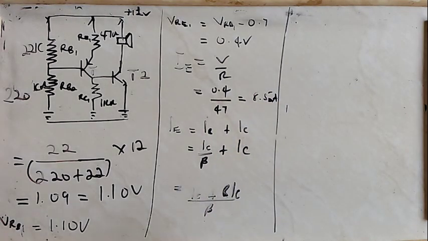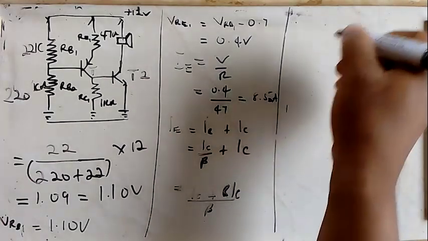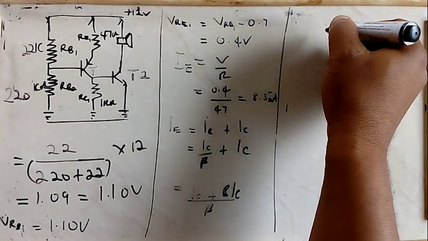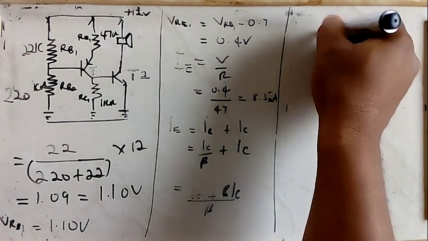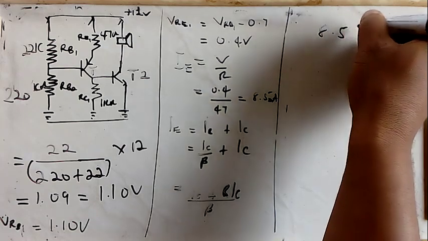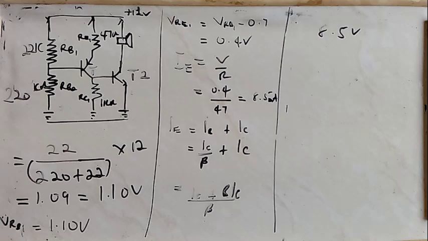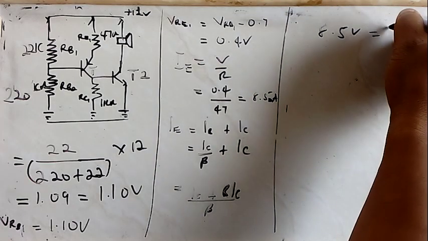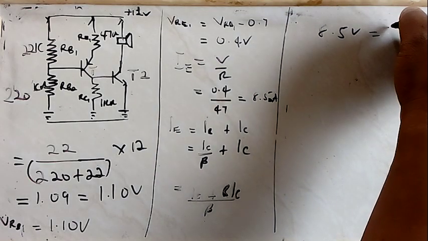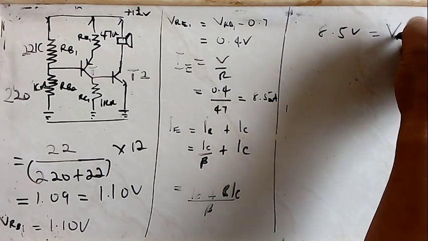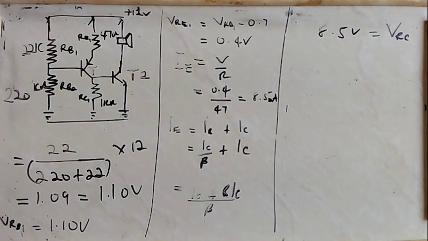So we have said that over here we'll have 8.5 volts, right? 8.5 volts as our voltage on the collector resistor. If so, what will be the voltage on collector?